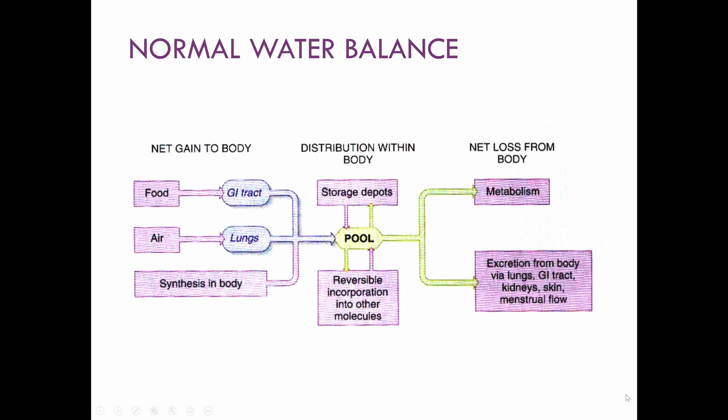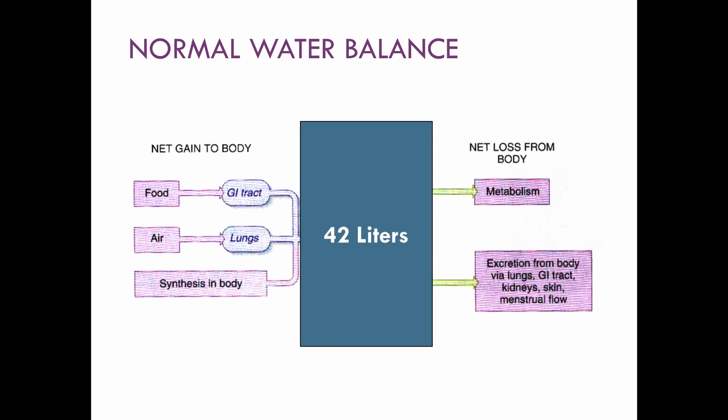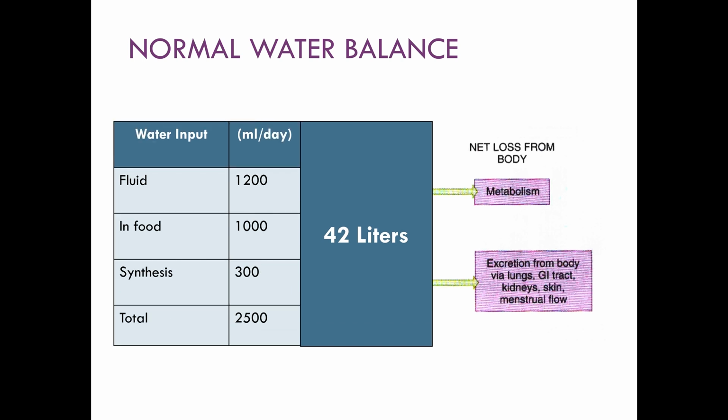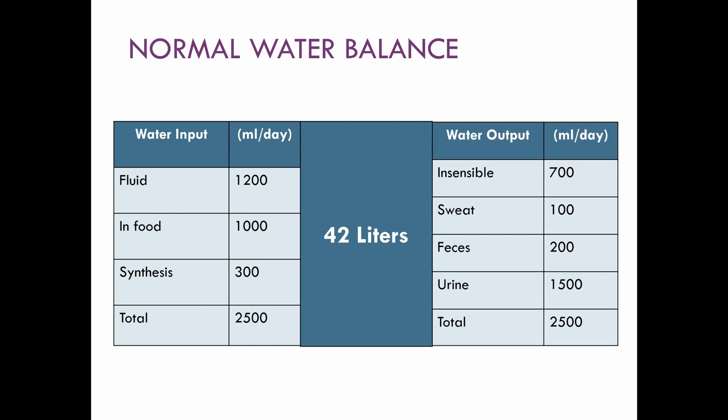Bringing back the slide, the amount of water you have in your body is basically 42 liters. Your net gain or water input, coming from fluid and food and from synthesis, is a total of 2,500 ml. For the net loss, insensible loss, sweat, feces, and urine, is a total of 2,500 ml as well.